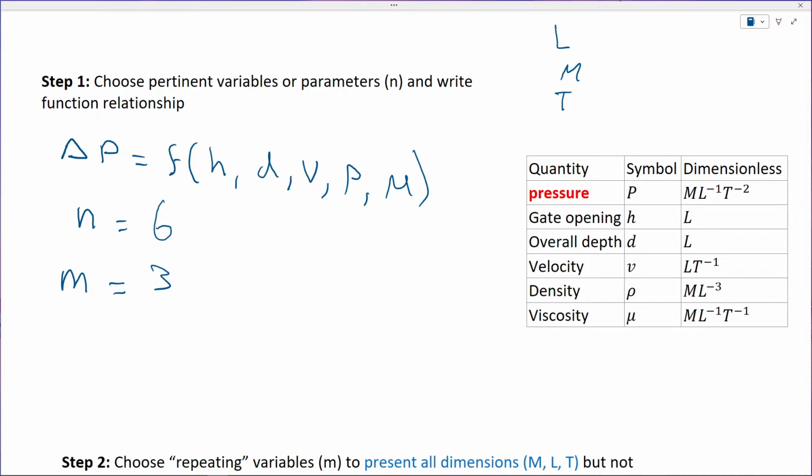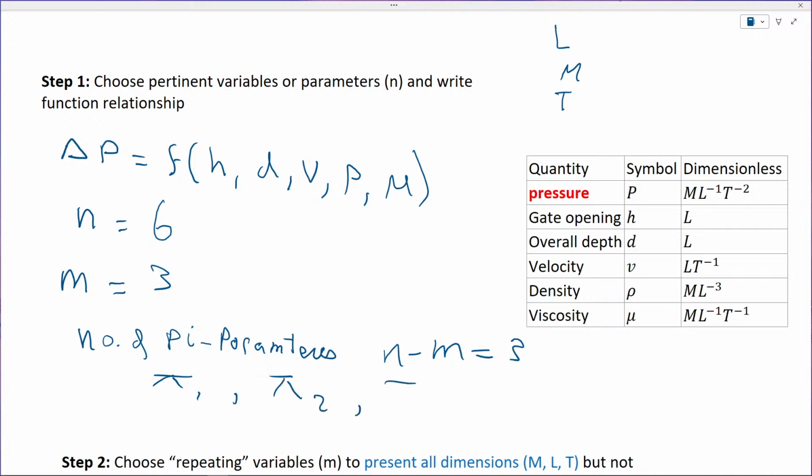What does this mean? This means that we are expecting the number of pi parameters to be n minus m, which equals 3. So you are expecting to get pi 1, pi 2, and pi 3.